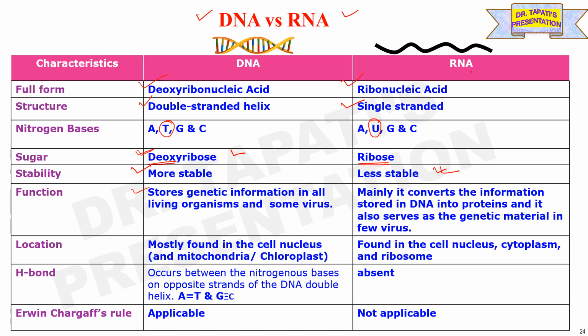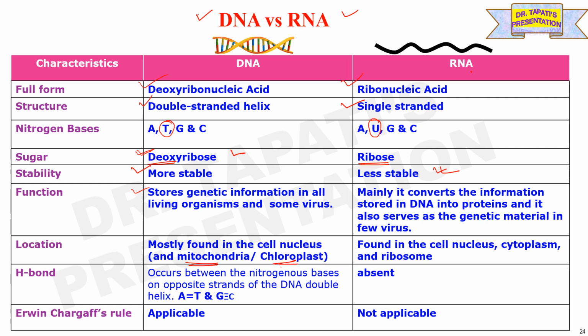The location of DNA is mostly in the cell nucleus in eukaryotic systems. In prokaryotic systems, it is present in the nucleoid, and in some cases in the plasmid of bacteria. In eukaryotic systems, another place of DNA is in the mitochondria and chloroplast. They have different DNAs.